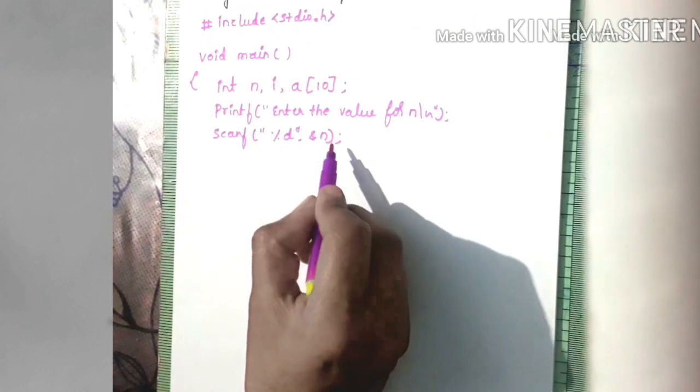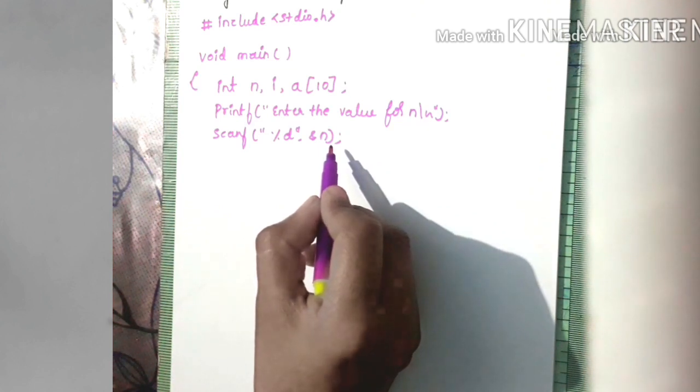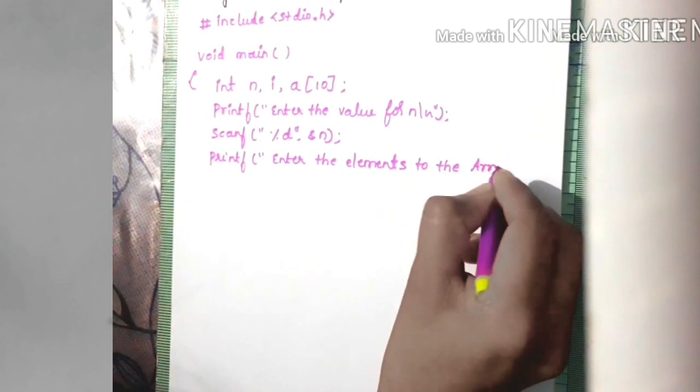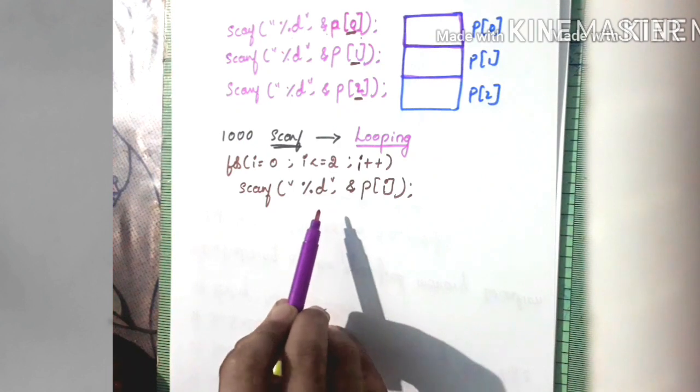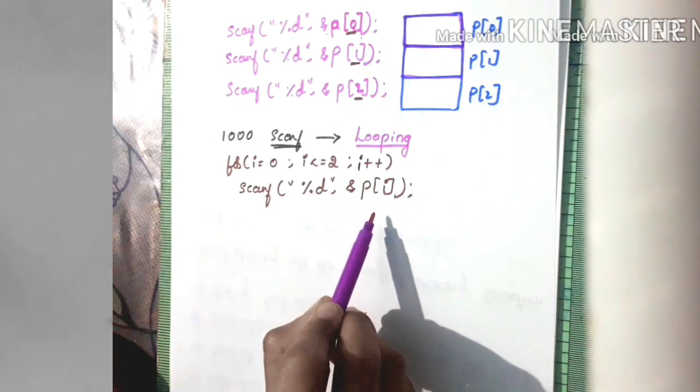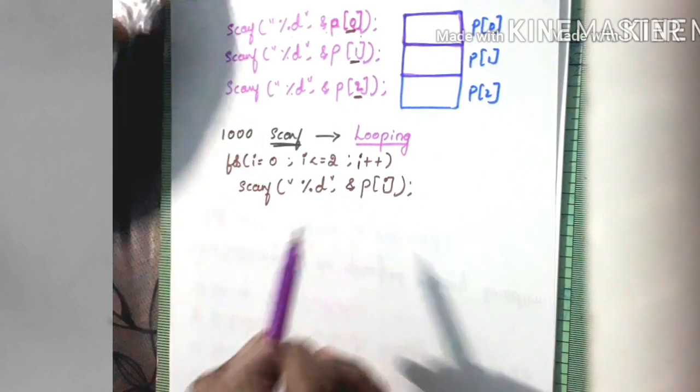First, input a value for n, which indicates the number of elements that I want to input to the array A. Next, enter n elements to the array. I'll use the looping concept to input the elements to the array.